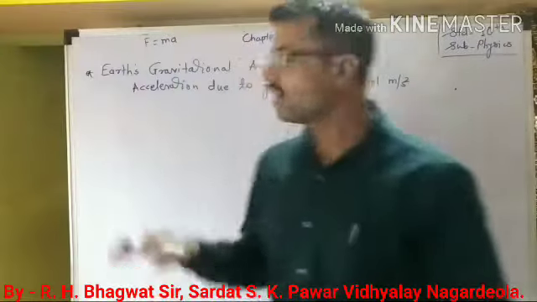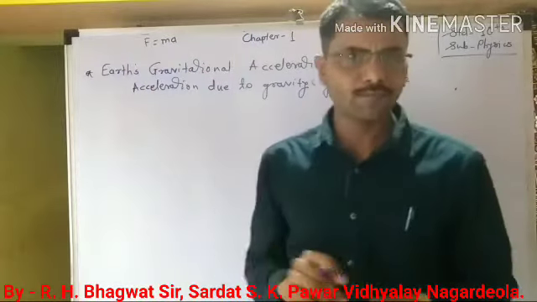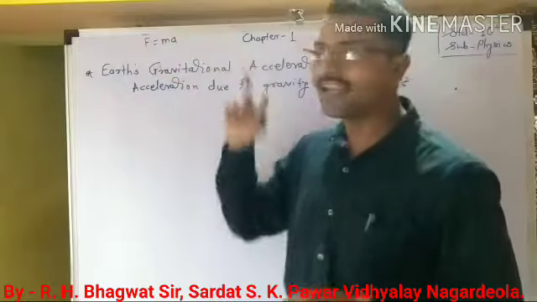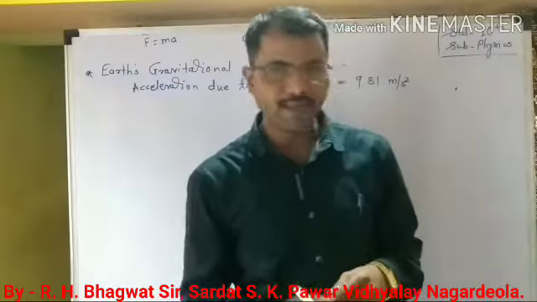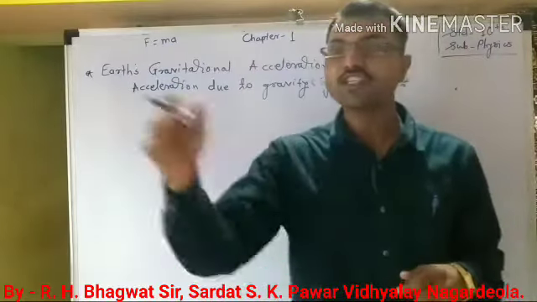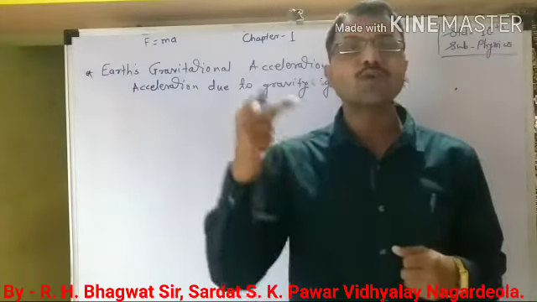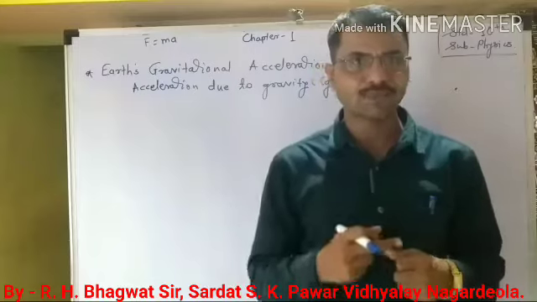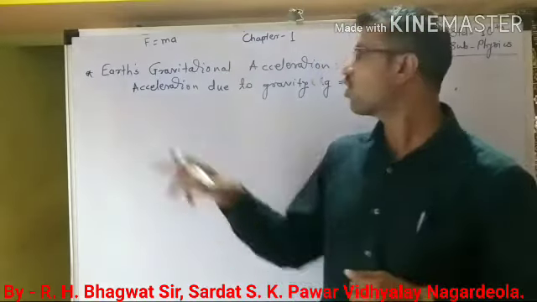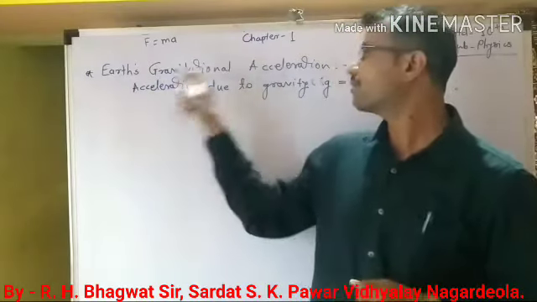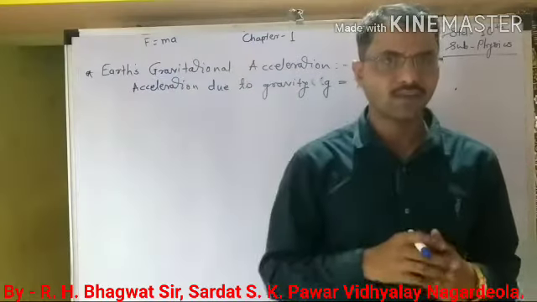When we exert a force on any body, it produces acceleration in that body. Similarly, Earth exerts a gravitational pull on the object, due to which it produces an acceleration. That acceleration is called acceleration due to gravity, or Earth's gravitational acceleration.